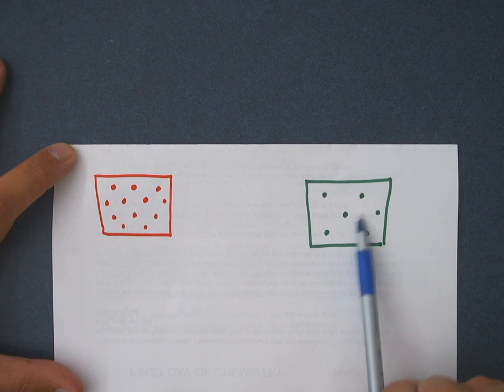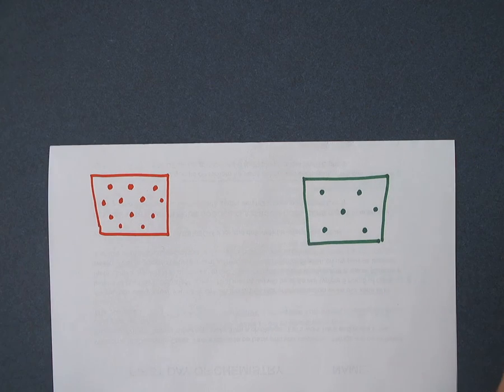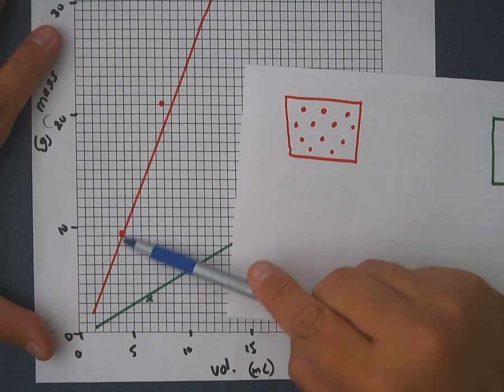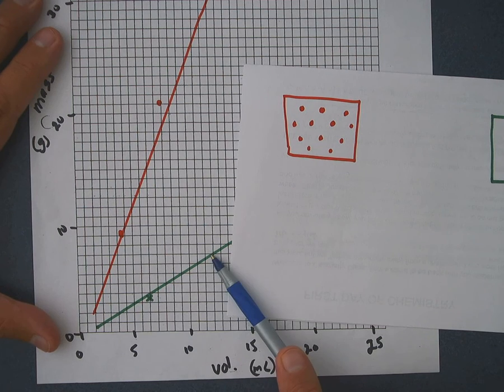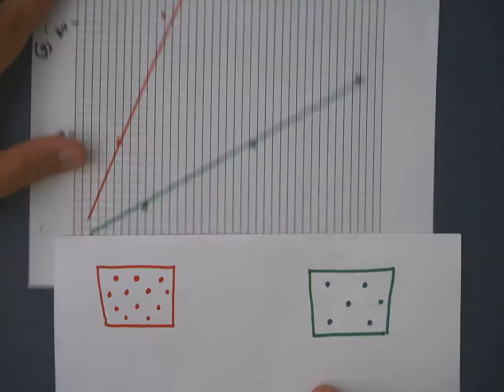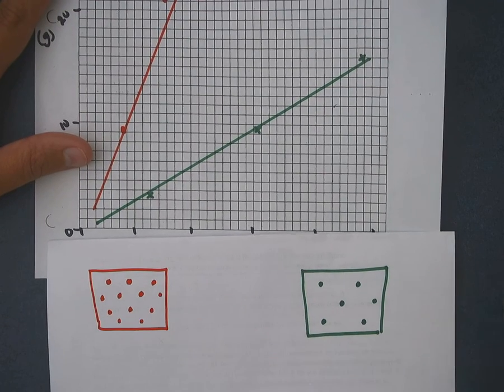Here, the particles represented by dots are farther apart, and so they're less dense. And it's not a coincidence that I use the same colors here. This slope is steeper with a higher density. The green line is less steep. The slope is less, so it's less dense. And I tried to draw the green particles being less dense than the red particles.